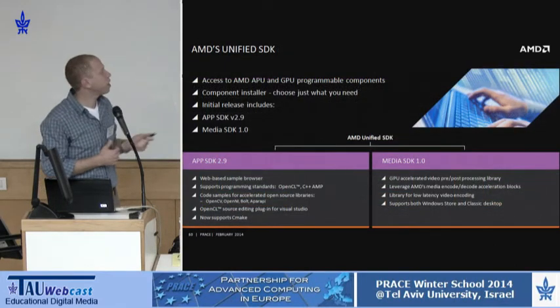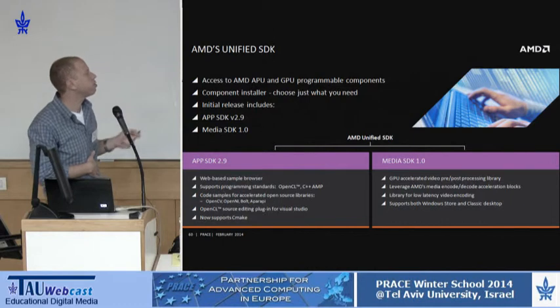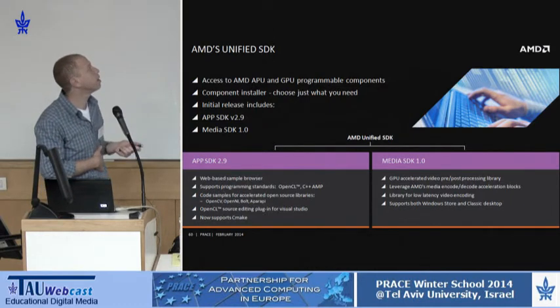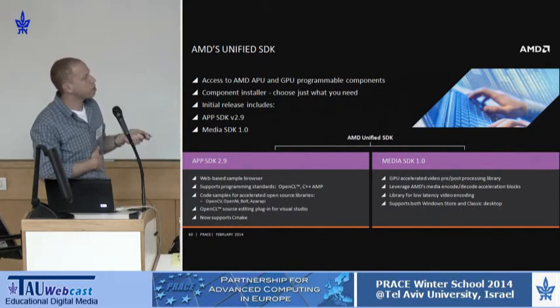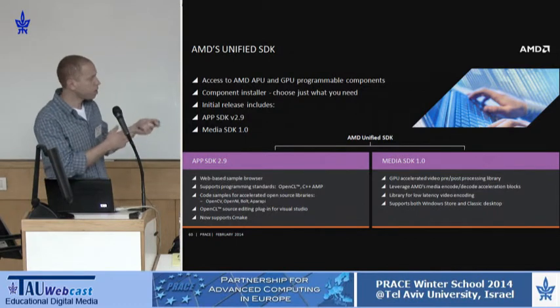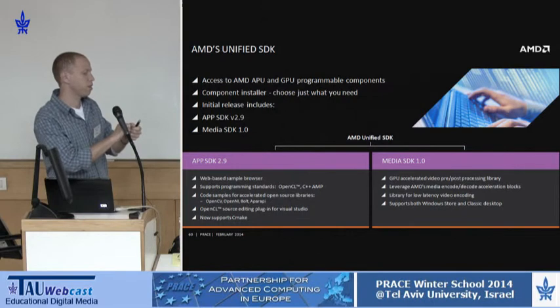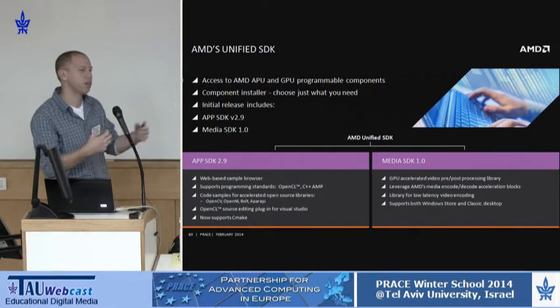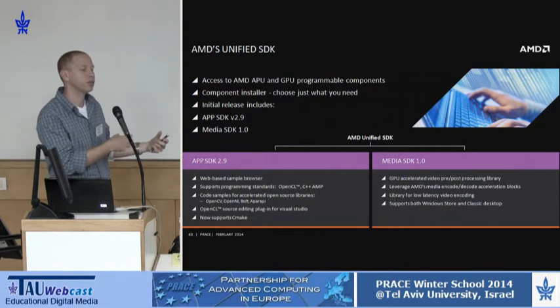Also, we have the AMD APP SDK, accelerated parallel processing development kit, which has many samples and tutorials on how to use OpenCL. We have the media SDK. Some HSA partners are not trying to bring together only CPU and GPU. They try to bring together a CPU and a DSP, a digital signal processor.